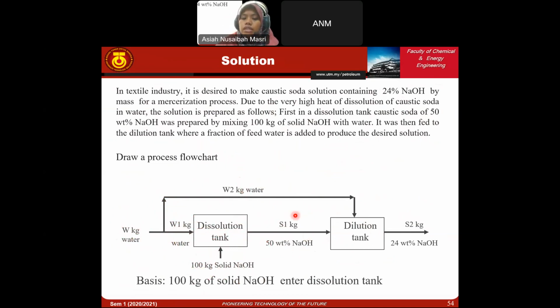We don't know the produced 50 weight percent NaOH, S1. We also don't know how much we get of our target, 24 weight percent NaOH. What is the rest? That would be our other component, water. So 50 weight percent NaOH, 50 weight percent water. 24 weight percent NaOH, around 76 weight percent water.